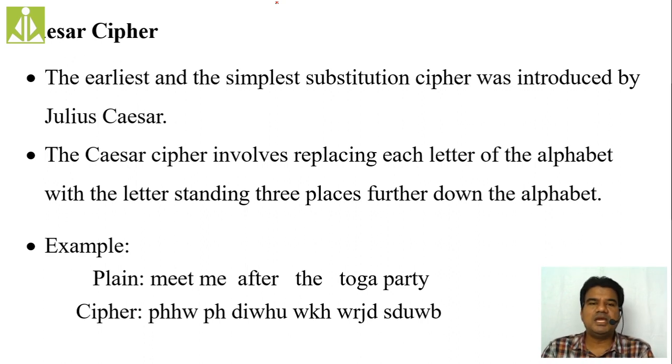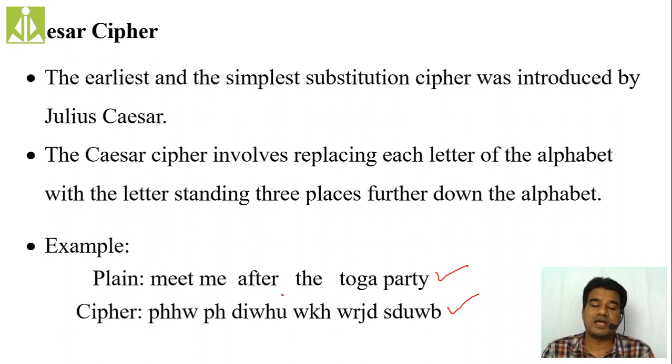Here they have given one example. See, meet me after the toga party. This is the plain text. I want to send this plain text to my friend, and that too confidentially. So I will transform this plain text into cipher.